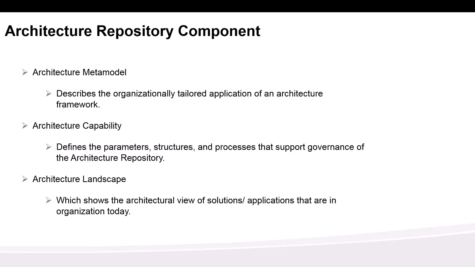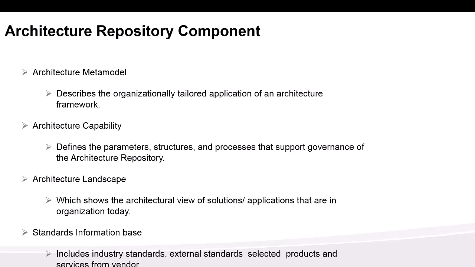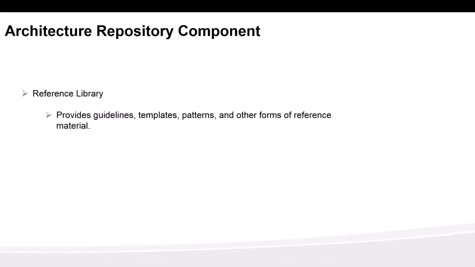Standards information base. These include industry standards, external standards, selected products and services from vendors. Reference library provides guidelines, templates, patterns, and other forms of reference material that can be leveraged in order to accelerate the creation of new architecture for the enterprise. These are external reference models. Like if your organization is a financial institution, then you look for a related proven financial industry domain-specific architecture.